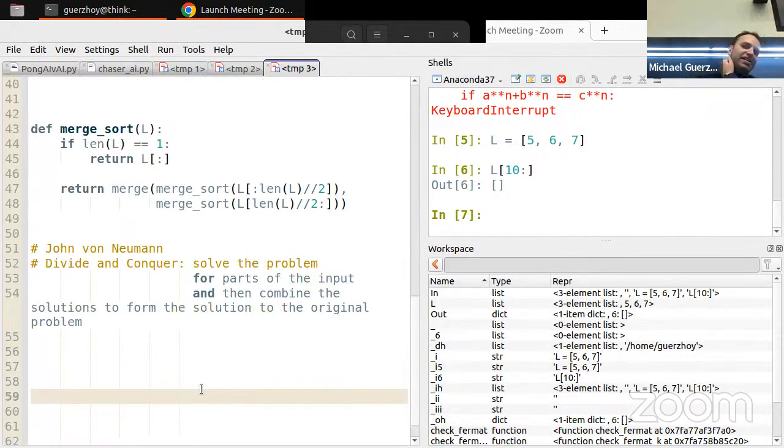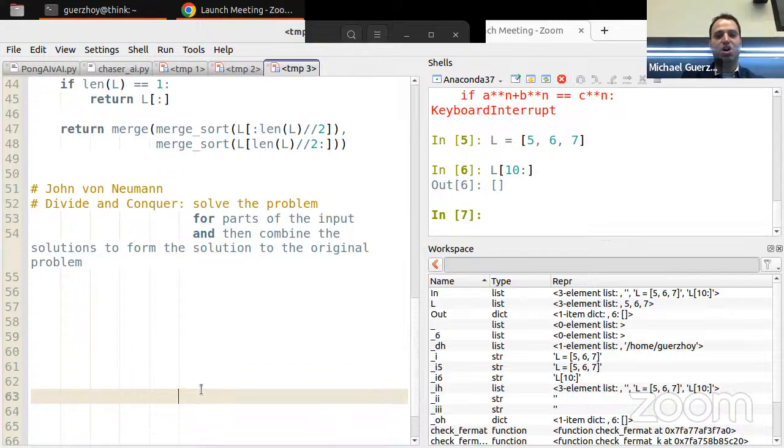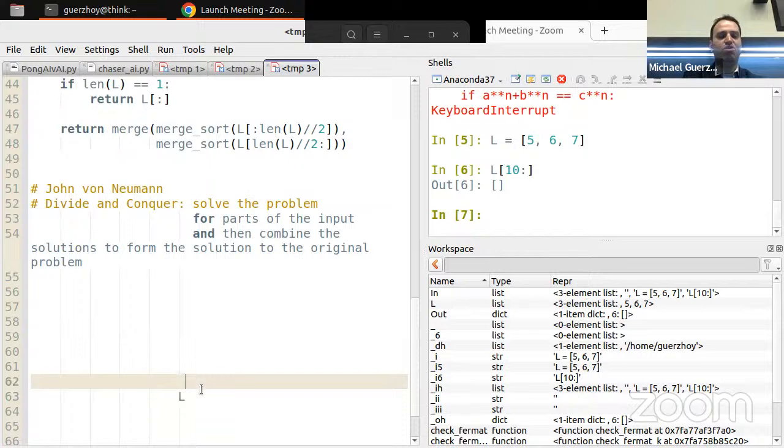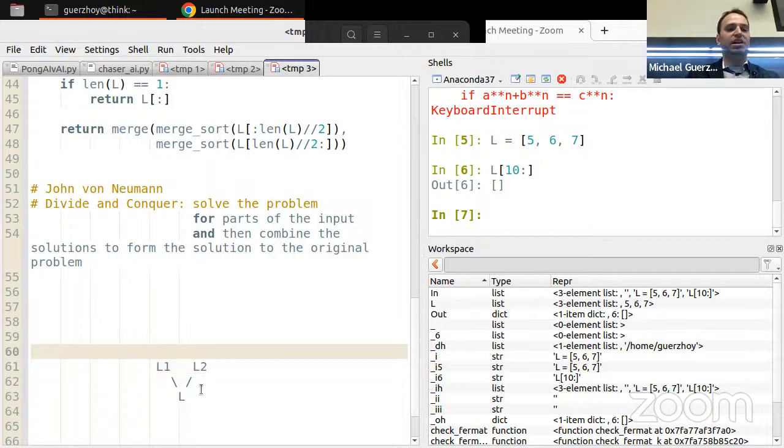Okay, so let's look at the complexity here. We start with L, and then that makes two calls, on half of L and the other half of L, which I'll call L1 and L2.